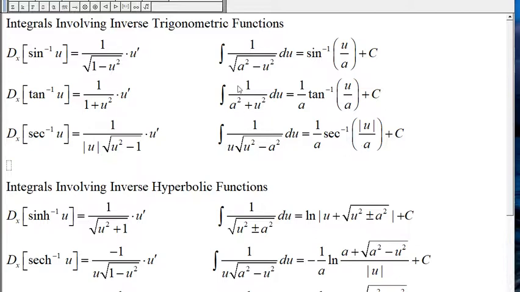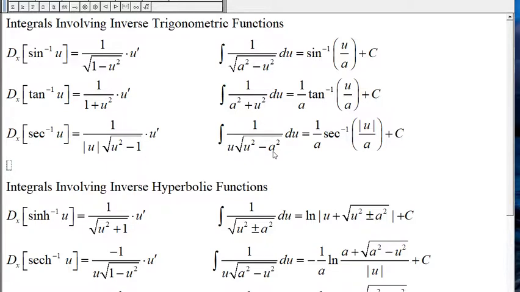What it means is this: anytime we have an integral with the expression 1 divided by the square root of a squared minus u squared, we would use this formula. If we have an integral with the expression 1 divided by a squared plus u squared, we would use this formula. And then we have something like 1 divided by u times the square root of u squared minus a squared.